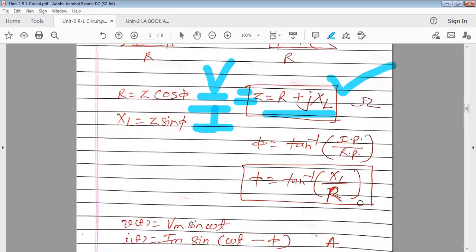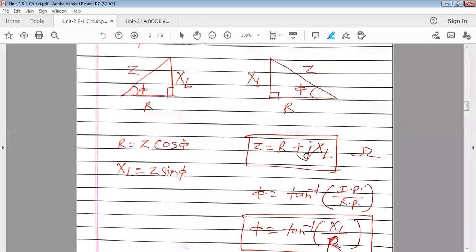Now here, can you tell me value of phi? It is a series RL circuit. Which circuit we are studying right now? Series RL. For series RL, XL always comes along positive imaginary axis or negative imaginary axis? Positive imaginary axis. Correct, very good. XL always comes along positive imaginary axis. What about R? It also always comes along positive real axis.